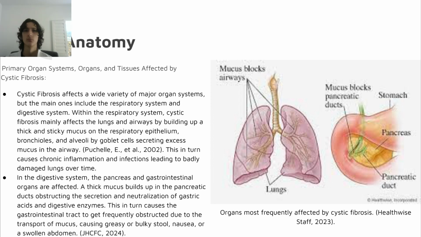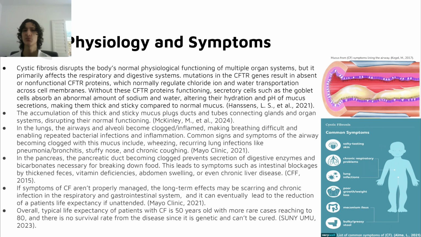Moving on to the physiology and symptoms of cystic fibrosis, we see that cystic fibrosis disrupts the body's normal physiological functioning of multiple organ systems, but it primarily affects the respiratory and digestive systems. Mutations in the CFTR genes result in absent or non-functional CFTR proteins, which normally regulate chloride ion and water transportation across cell membranes.